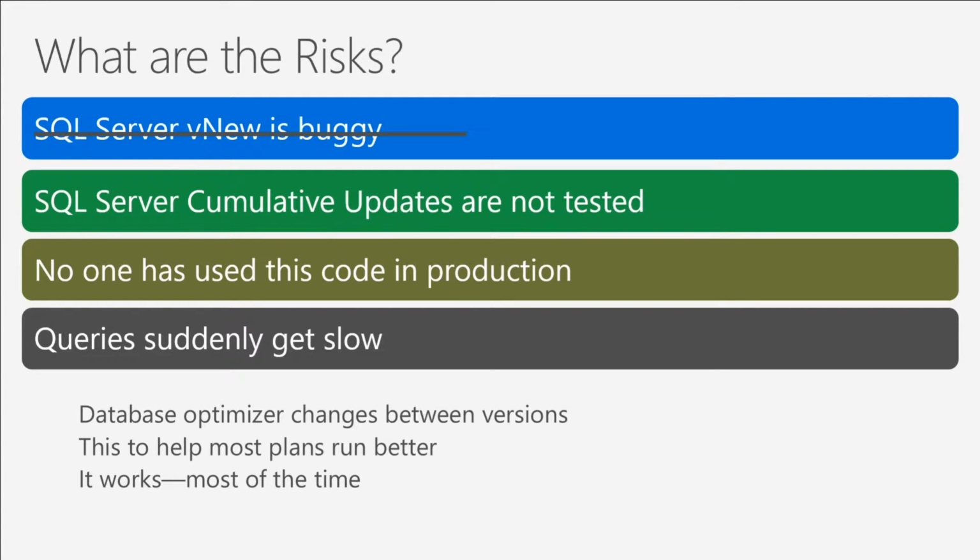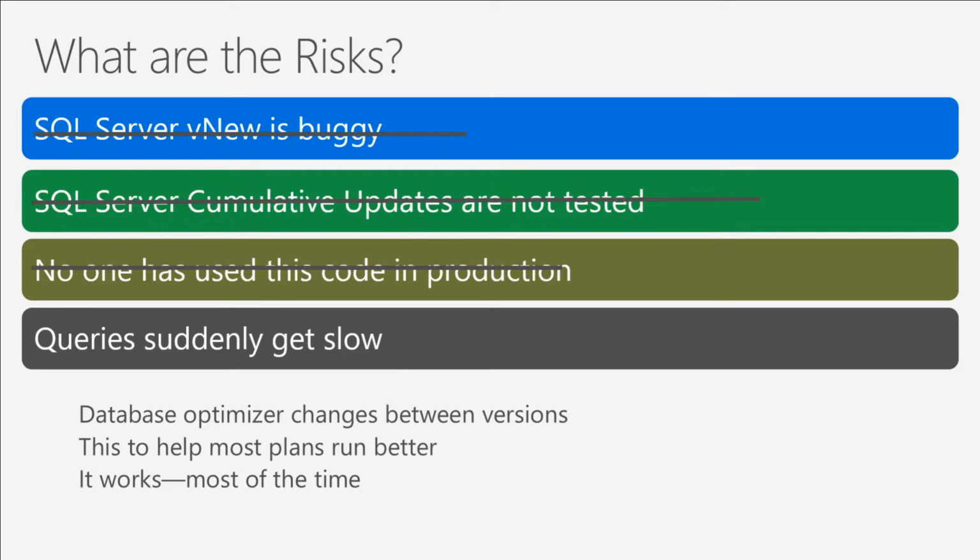The cumulative updates used to not have the same test path as service packs. Now they do. The old one was nobody had used this code in production, and companies didn't want to be on the bleeding edge of technology. I remember having a really horrible manager who always wanted to say, no, we never want to be on the bleeding edge. Let's run 2 versions behind. Bad idea. Lots of people using this code in production.